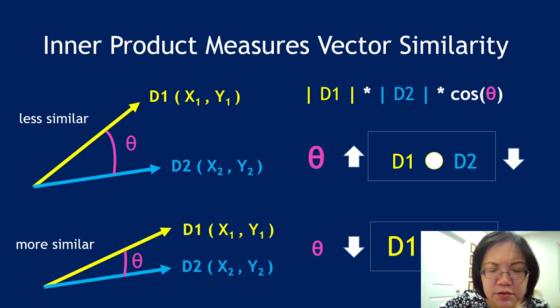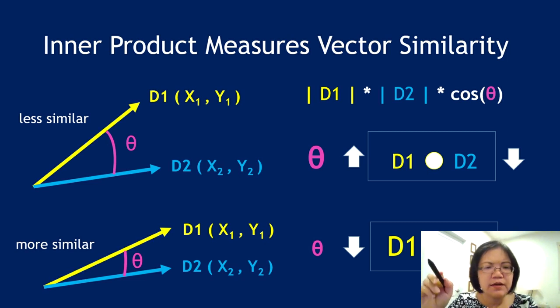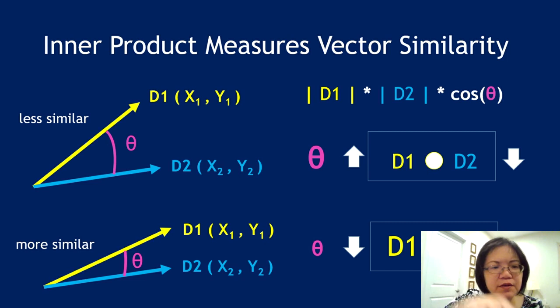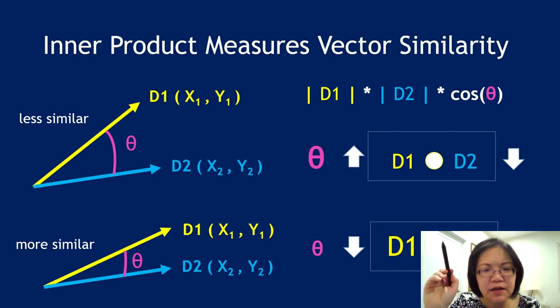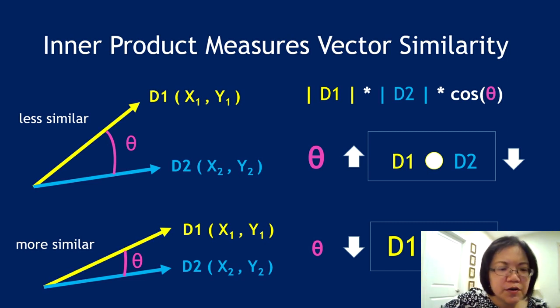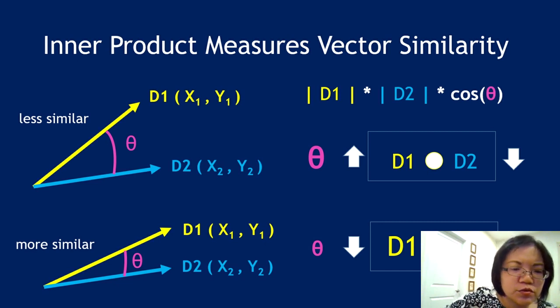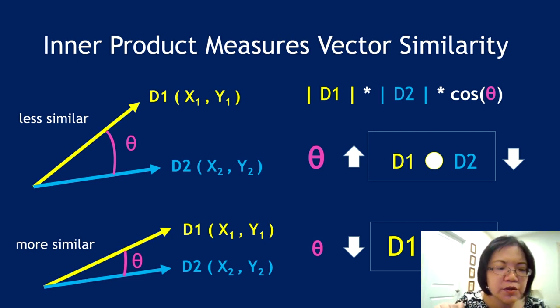Because the cosine is inversely related to the size of the angle, when you have a very small angle, the cosine goes up and the inner product goes up. That means these two vectors, because the angle is smaller, are closer to each other, so they're more similar. So when you have two vectors that are similar to each other, you get a bigger inner product.